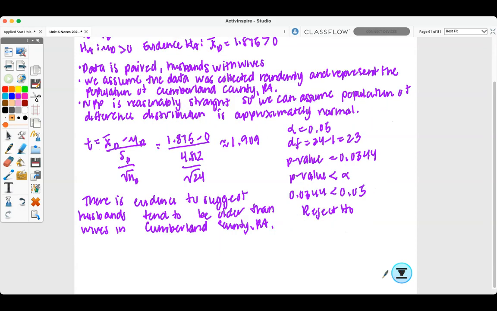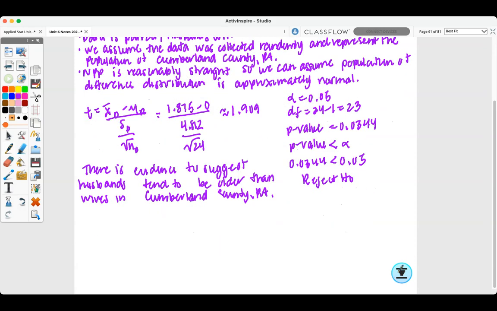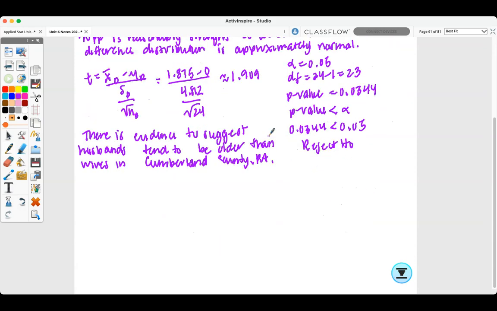Now we can go ahead and find our 90% confidence interval to estimate the mean differences. Our conditions have already been checked in our hypothesis test.